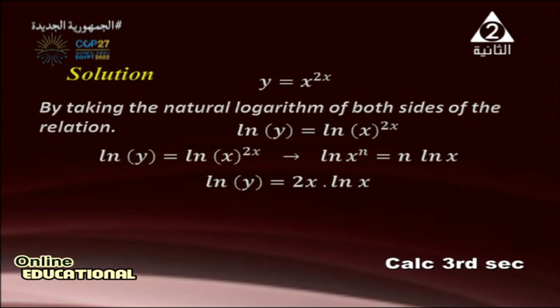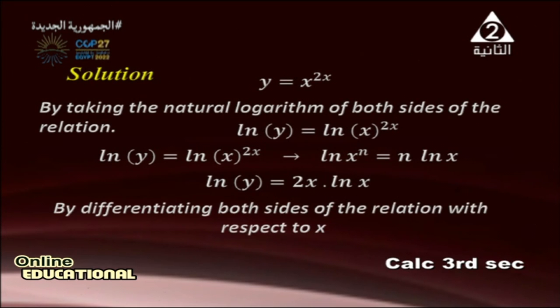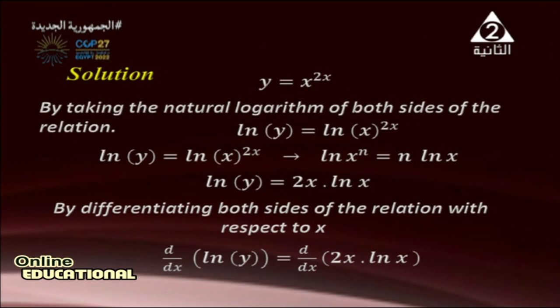By differentiating both sides of the relation with respect to the variable x, the derivative of ln y by dx equals the derivative of 2x ln x by dx.